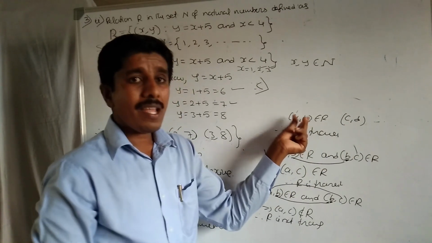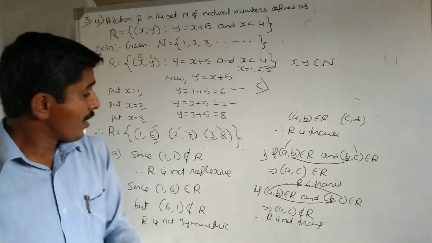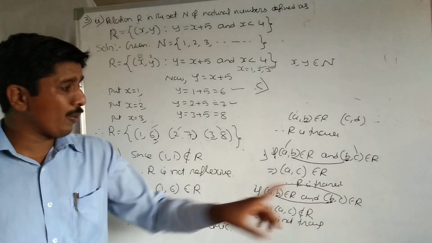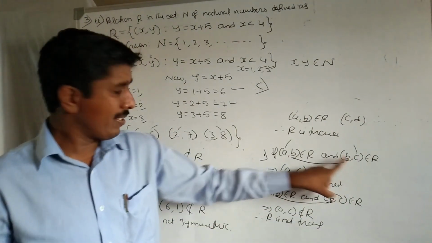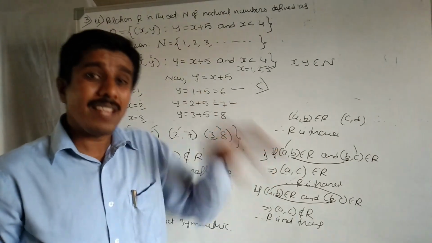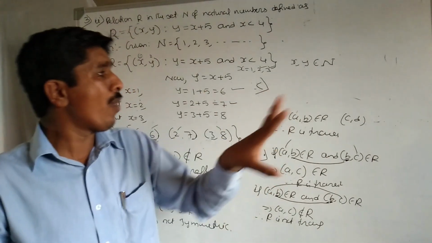This ordered pair itself is transitive. Clearly, each ordered pair itself is transitive because we don't have this type of ordered pair in this relation. Therefore, this relation is transitive. Mind it, very important one.